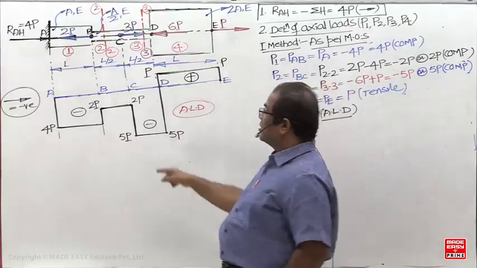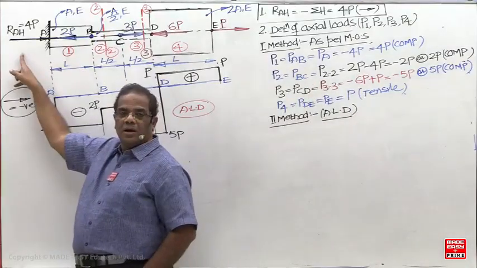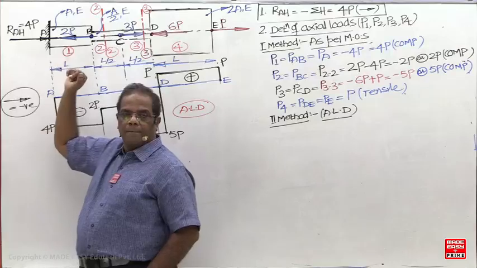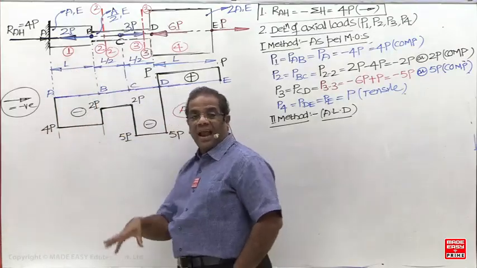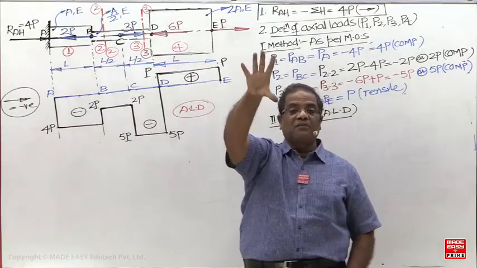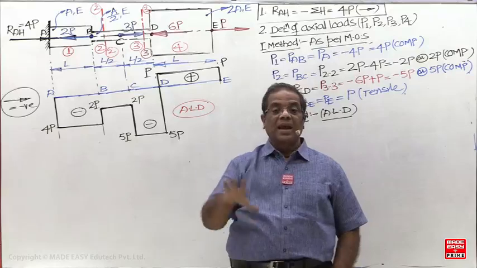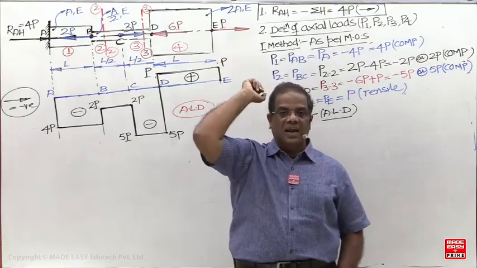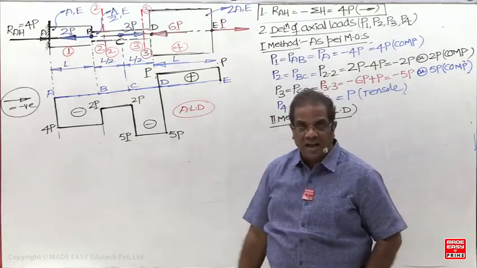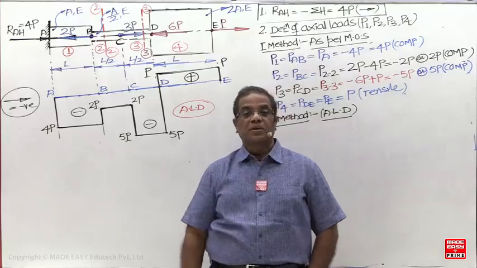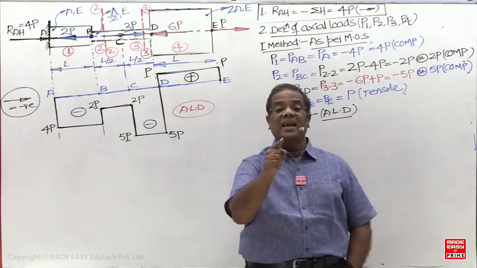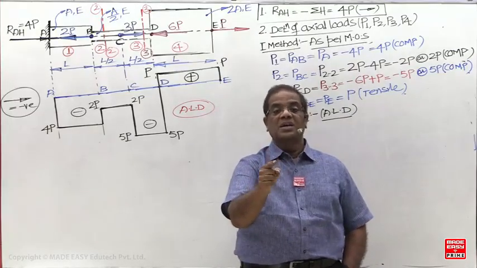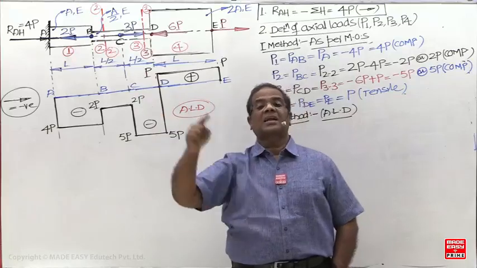This is also load only. Reaction is also load. So how many axial loads are applied on the bar? 5 axial loads are applied. So ALD should consist of 5 vertical lines. So number of vertical lines in ALD are equal to number of axial loads acting on the bar.